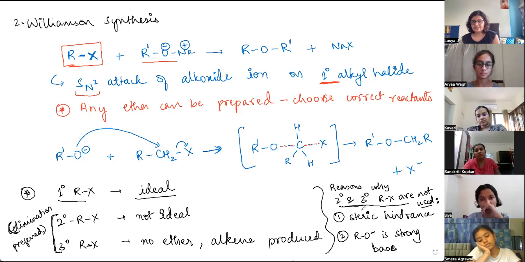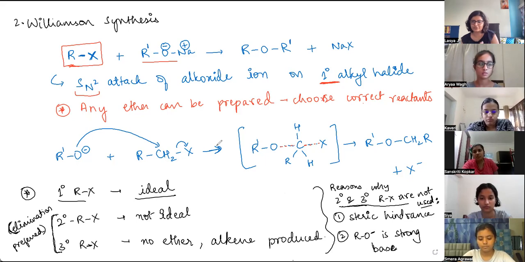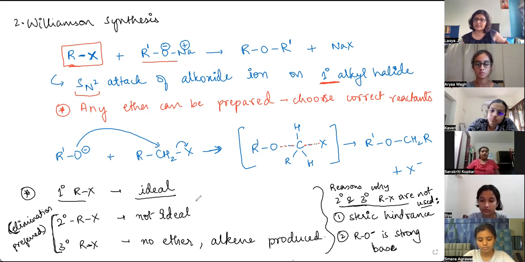If you observe all these mechanisms, it's literally negative charge being attracted to positive charge, or positive charge attracting or getting attached to a pair of electrons, a lone pair of electrons. So there are always multiple routes that a reaction can take. Which route it's going to take will also depend on other factors.